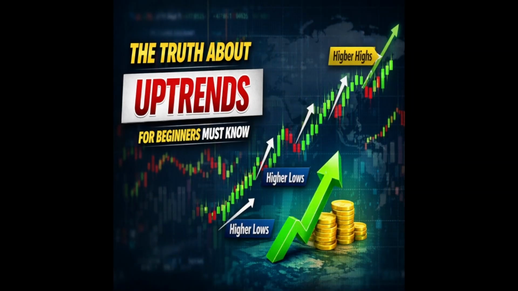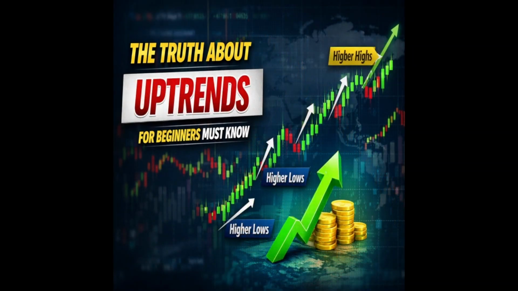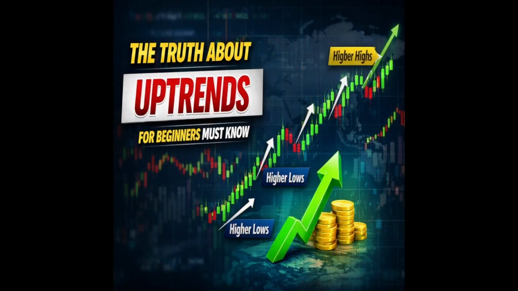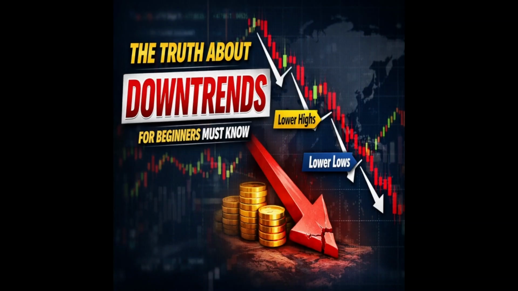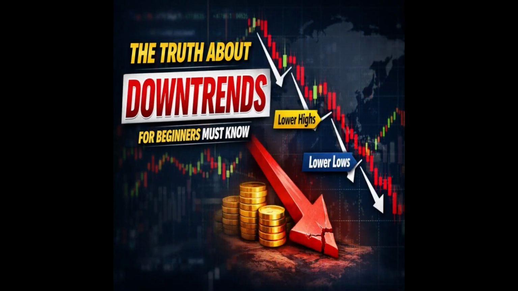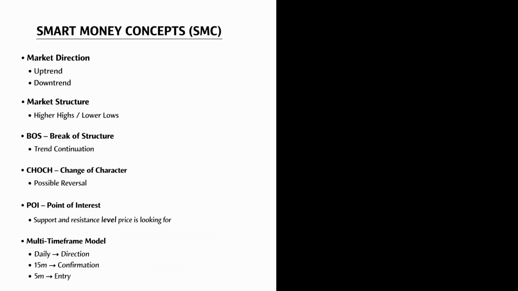But if you don't understand them, trading the strategy becomes so difficult. So let's dive in so I can explain what is called break of structure, change of character, point of interest, and how I use multi-time-frame analysis, putting all these components together to get my trading strategy so as to become a successful trader.